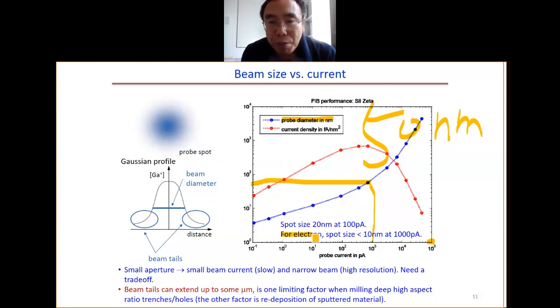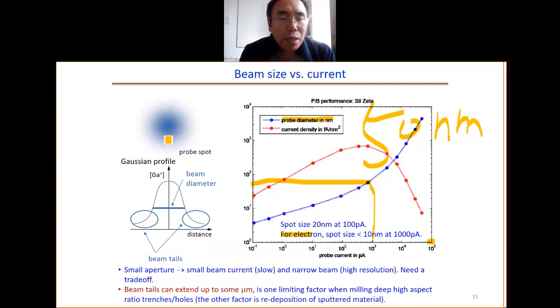For focused ion beam, you cannot have high current, but for electron beam, we can have very high current, which gives you faster exposure time. Another reason is that electron beam is much cheaper. For the SEM, the scanning electron microscope, the cost is about $500,000, but for the focused ion beam, it will be more than $1 million.